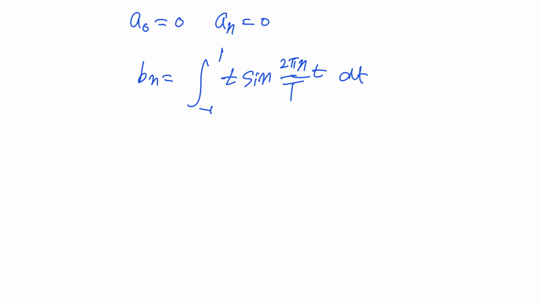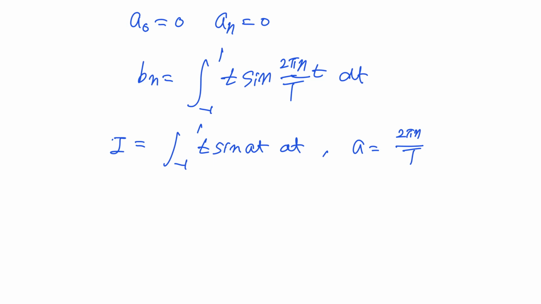You can do it by the integration by parts twice, right? I can actually give you a better method. Say I is the integral from minus 1 to 1 of t sine at dt, where a is 2 pi n over T.